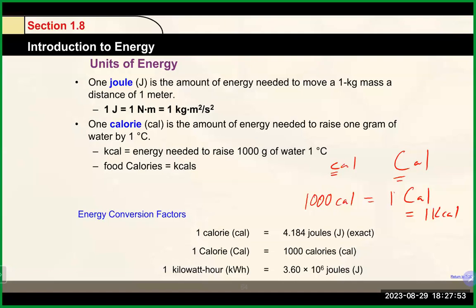And those are common units. So calories and joules, and kilojoules and kilocalories, are very common units of energy that we come across. Most of the time in chemistry, joules and kilojoules are going to be the energy unit that you see the most. Pounds per square inch is not a unit of energy, but it comes up in similar contexts.